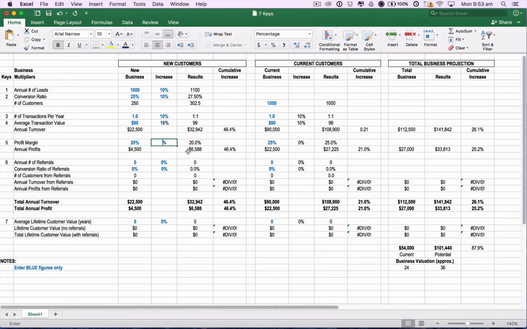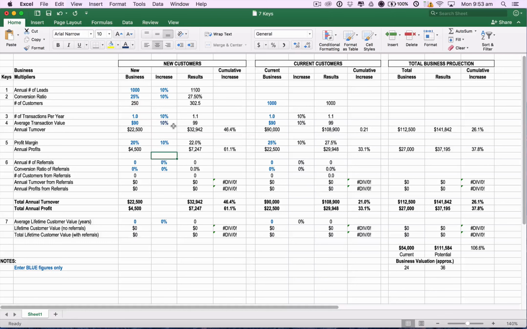We're going to try and increase profit margin by 10%. So already what we've done by doing that, we've increased the revenue by 26%, we've increased profit by 37%, just by tweaking those things. And what that's done to the valuations, so now we're looking at a potential between 54 and 111.